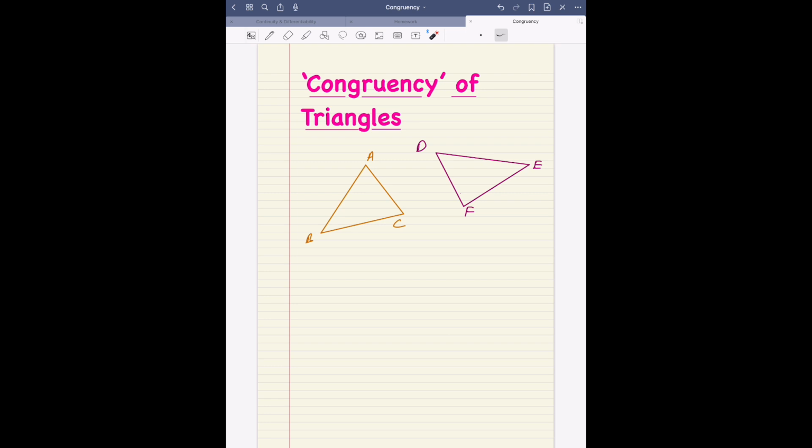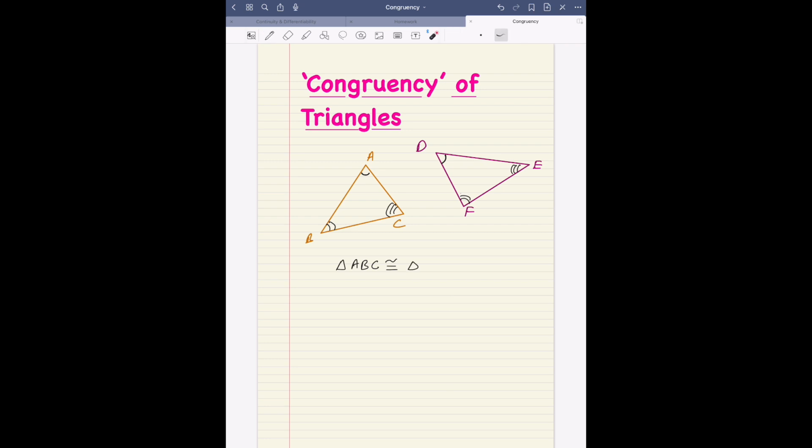The second thing is, how do you write if two triangles are congruent? Assuming angle A and angle D are equal, angle B and angle F are equal, and angle C is equal to angle E, then we write triangle ABC is congruent to, and you must have seen this symbol, the congruency symbol with an equals to at the bottom, triangle DFE.